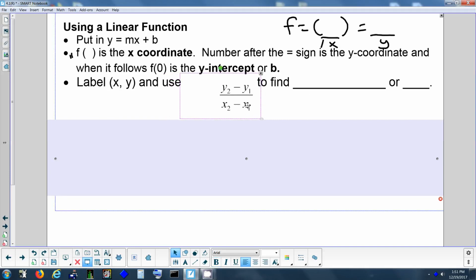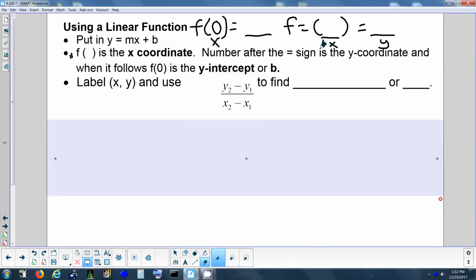All right? And when it says f of 0 equals something, what coordinate is the 0? Based on what we wrote over here, the x, right?